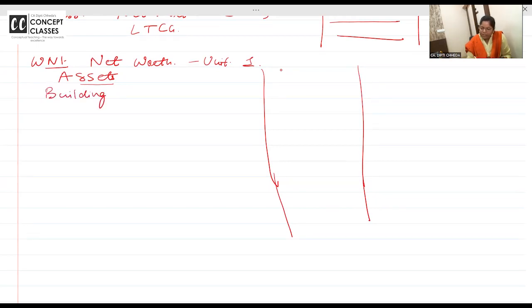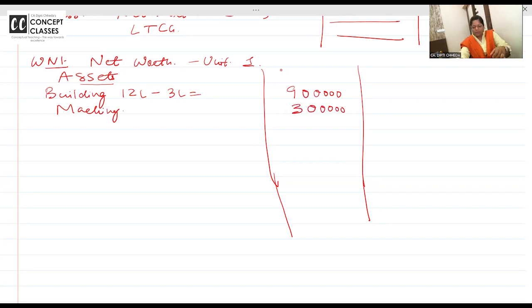Building. How much is building? 12 lakhs, minus the revaluation reserve, 3 lakhs. So how much is it coming? 9 lakh. Machinery is 3 lakh. For some assets we will take book value, but be careful and take the figures only for unit 1.